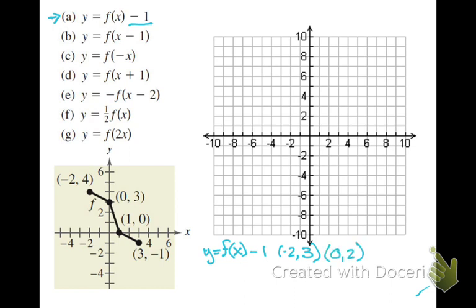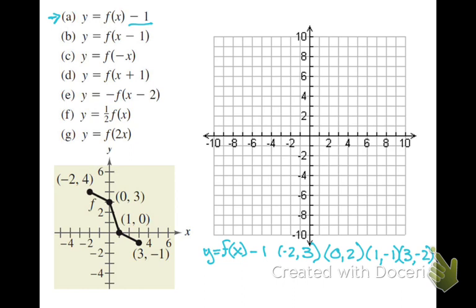And what would the next one be? 1, negative 1. And the next one? 3, negative 2. I would be okay if you did that, if you didn't want to graph them. The only thing, if you graph them, will it show you what it does, like how it affects the graph? Yeah.